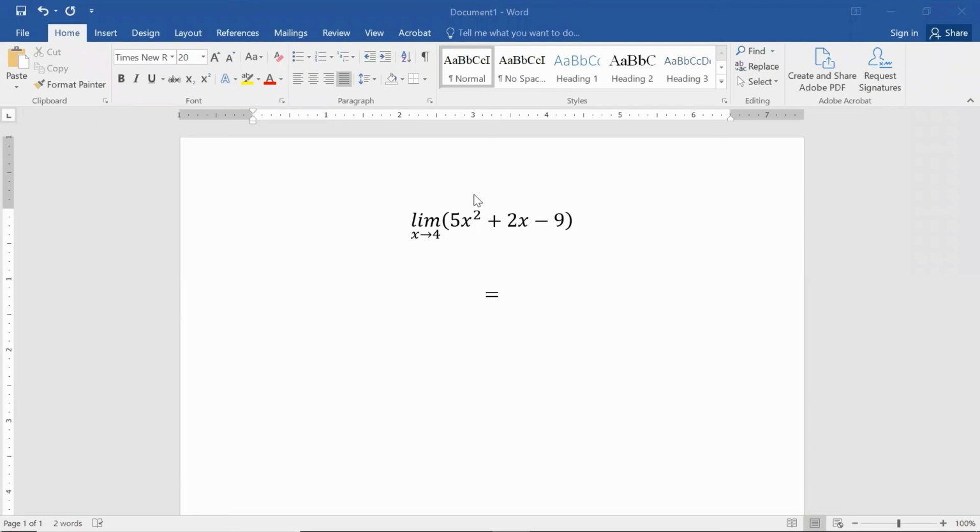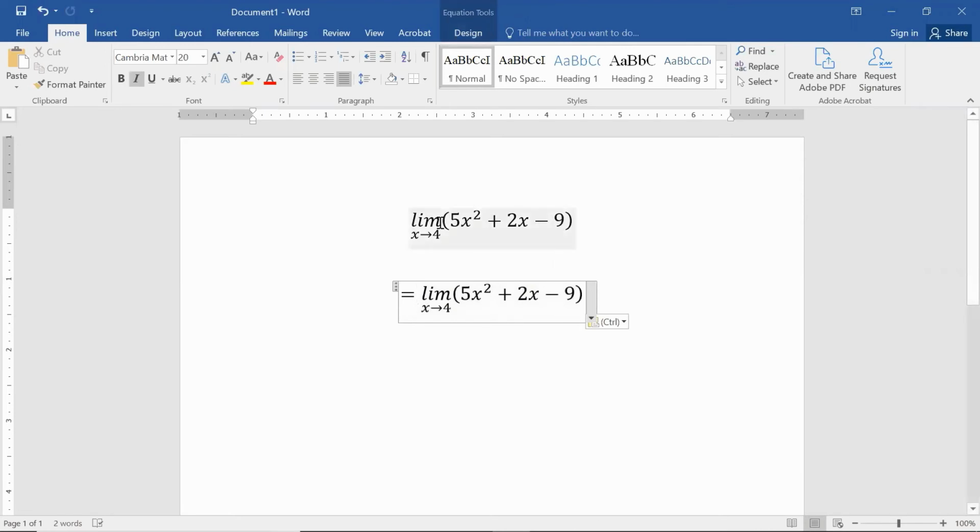Okay, so we're looking for the limit of this polynomial as x goes to 4. Now, because each of these terms is a separate piece, and I know the limit of the sum of things is equal to the limit of each part, I can take this limit and break it down into 3 different limits.